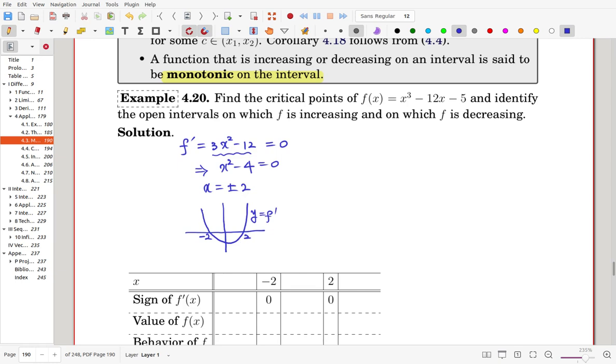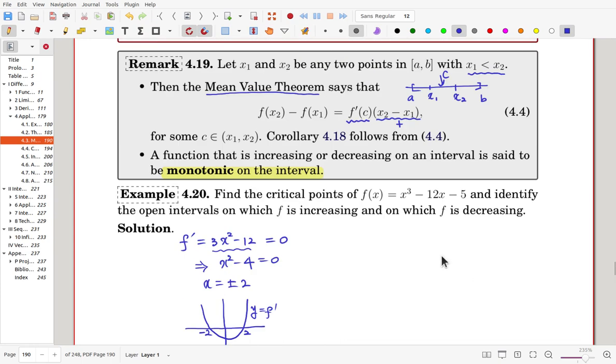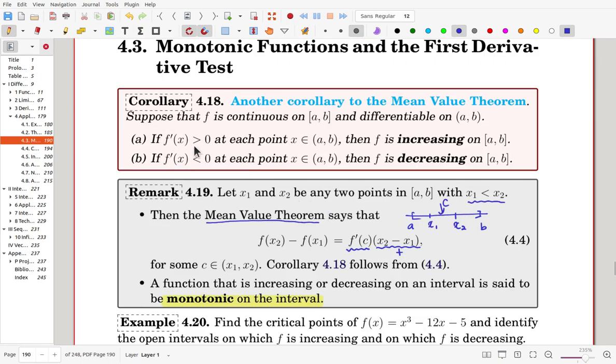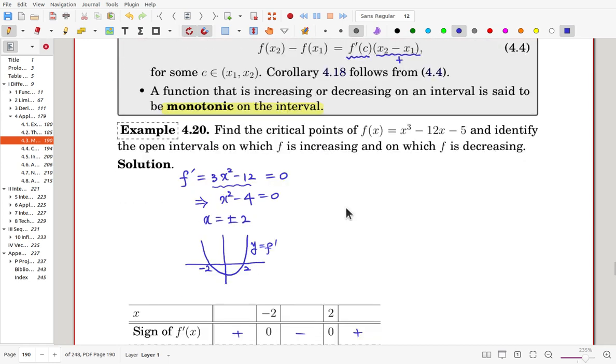Here, f prime is positive on the left side, and between minus 2 and 2, f prime is negative. Then for x larger than 2, f prime is positive. We already know from the corollary that if f prime is positive, then f is increasing, and if f prime is negative, then f is decreasing on the interval.